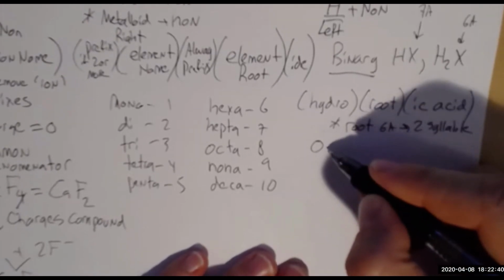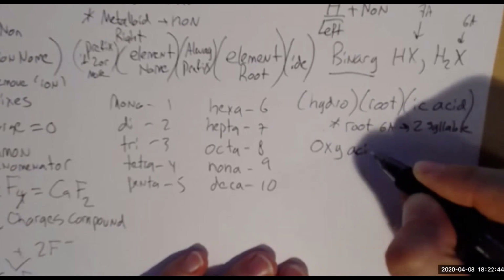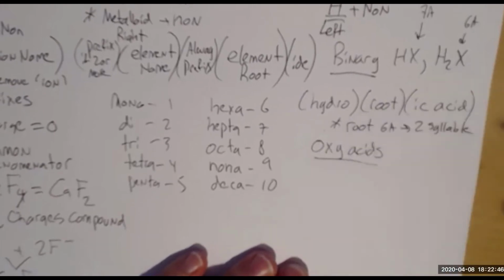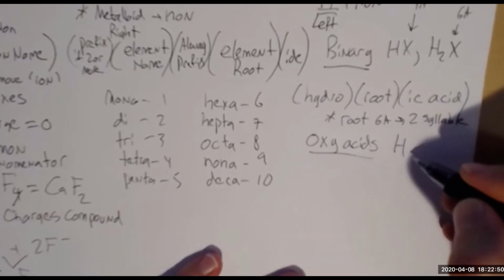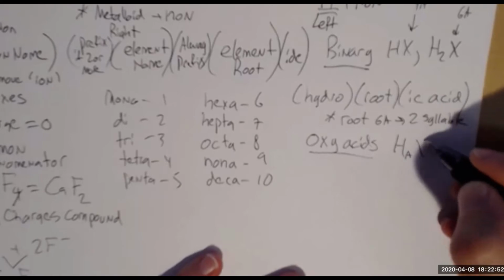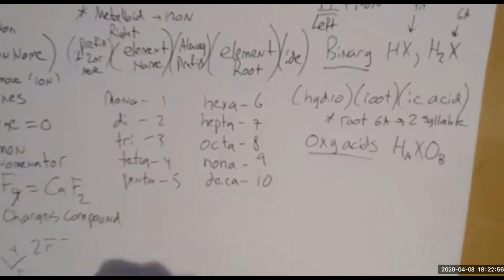So then there's the oxyacids. The oxyacids basically have 3 things: some amount of hydrogen, a nonmetal, and some amount of oxygen.